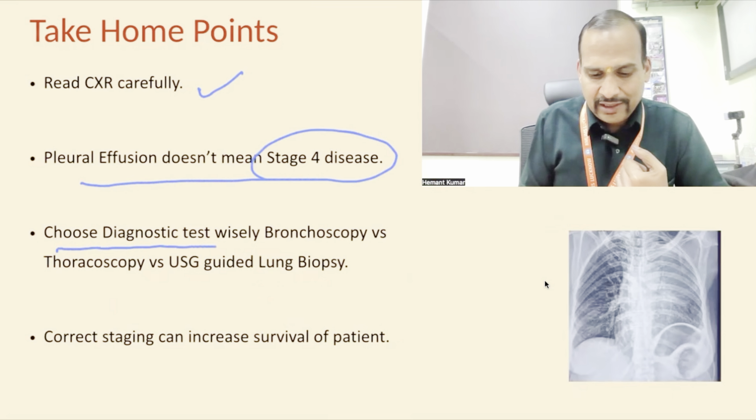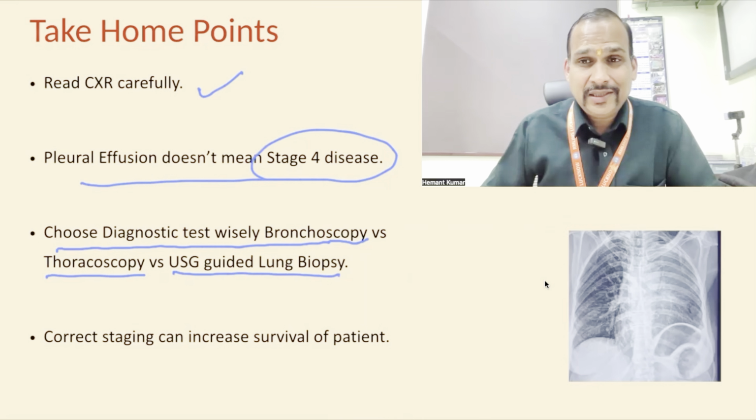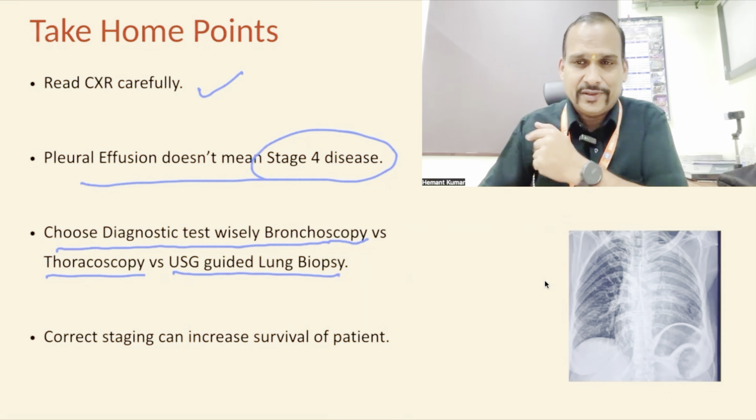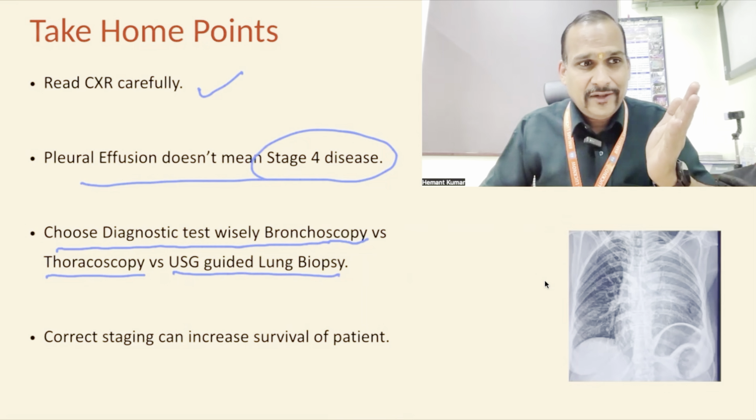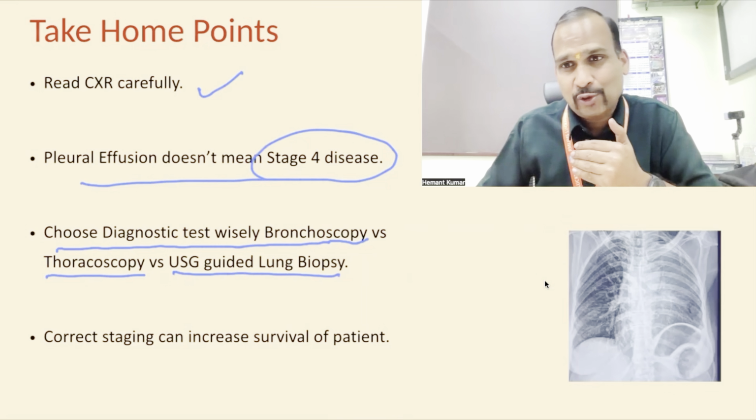Choose diagnostic tests wisely, like bronchoscopy versus thoracoscopy versus USG guided biopsy, because time is precious for every malignant patient. Okay, so don't waste time doing all procedures one by one, because it will increase the cost to the patient, and it will increase the risk to the patient, because every procedure has complications.